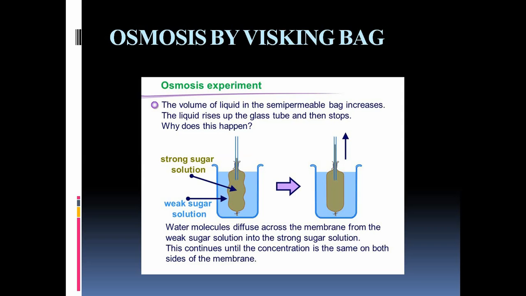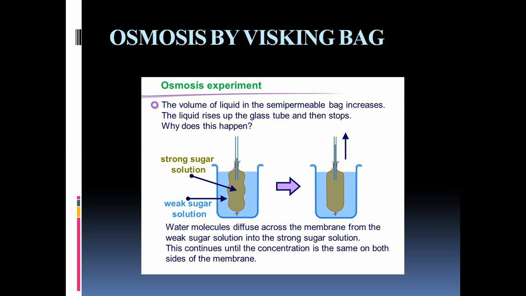You look at the whisking bag, initially it was a little cramped like this, but after some time we see the whisking bag become turgid. It swells up because water entered from the beaker into the whisking bag, because the beaker was having weak sugar solution and the whisking bag was having strong sugar solution.